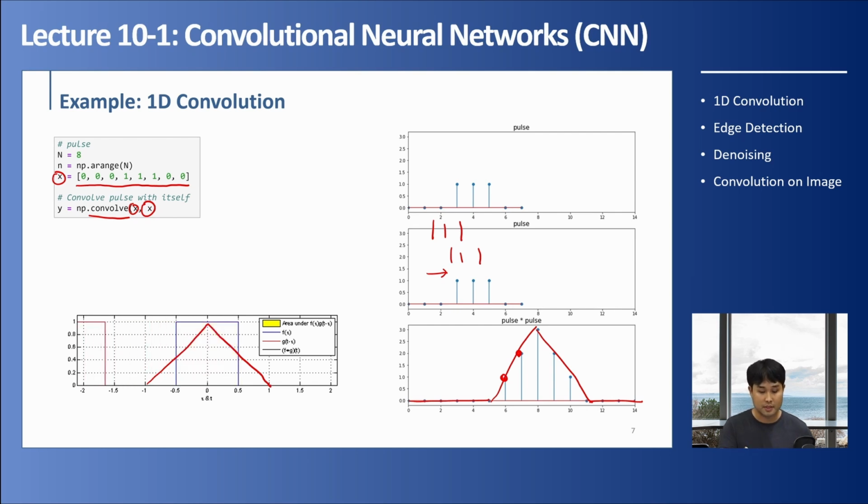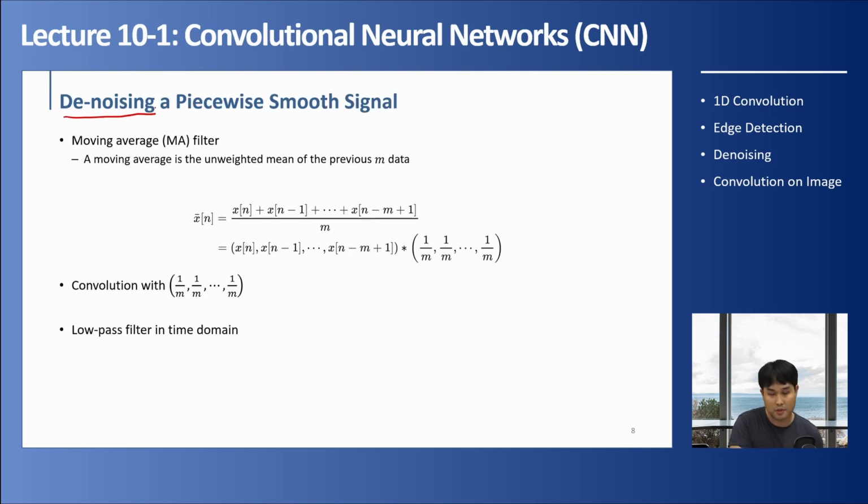One example can be seen in the denoising case, where we use a moving average filter. So for those of you who aren't familiar with what a moving average filter is, we're simply taking the average of the previous M data. And by doing so, we're able to obtain a smooth version of the original signal.